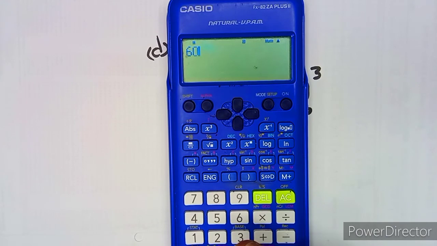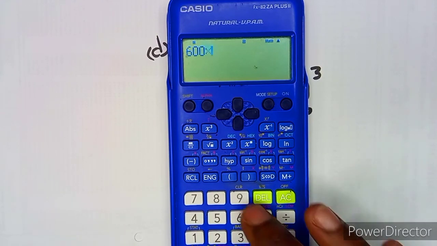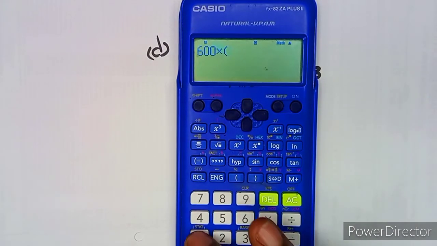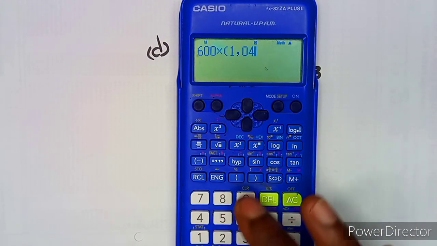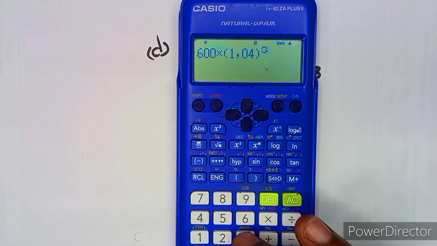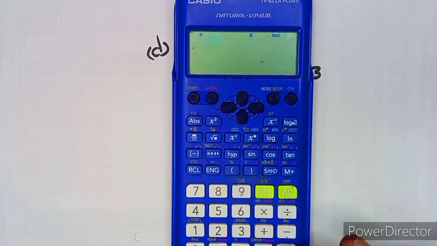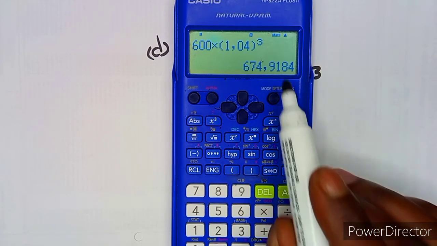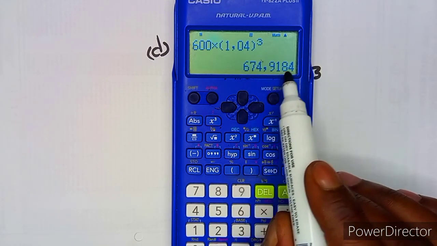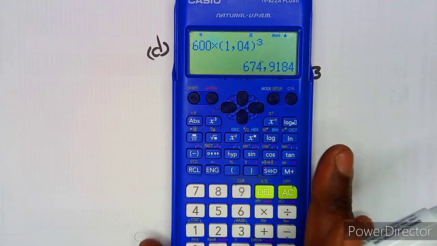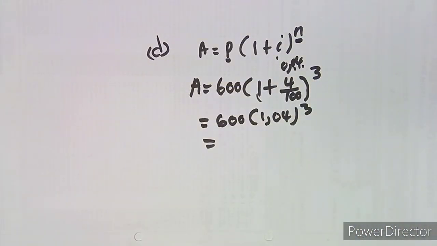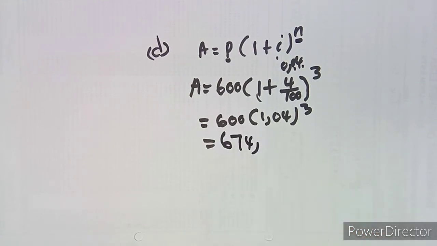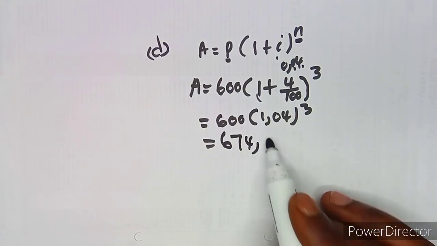That's 600 multiplied by open bracket 1.04 to the exponent of 3. This is what you're going to have, which is 674.92.